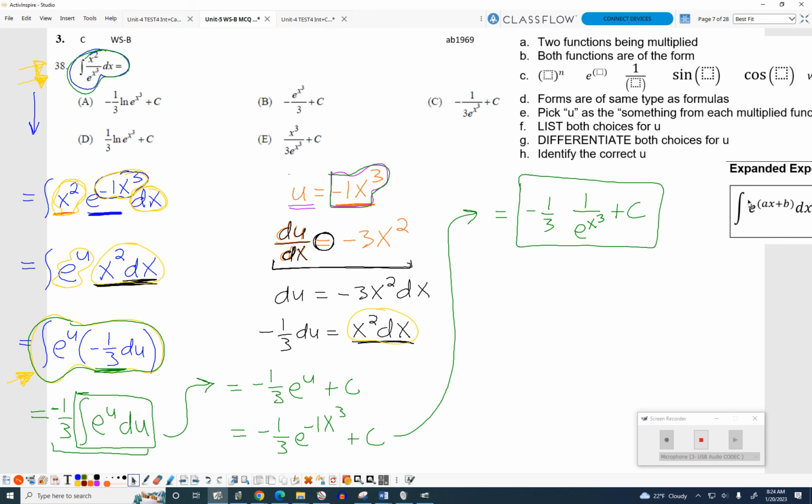So right here, let's see who's going to get to help me. Right here, we have our antiderivative. Let's go to Gabe. If I take the derivative of this blue formula, Gabe, do we know what we would expect, or do we have no idea?